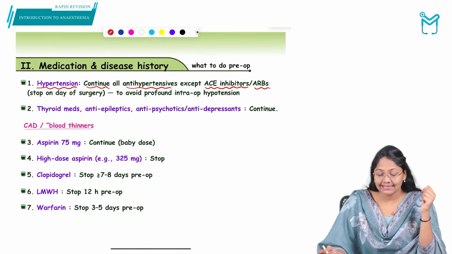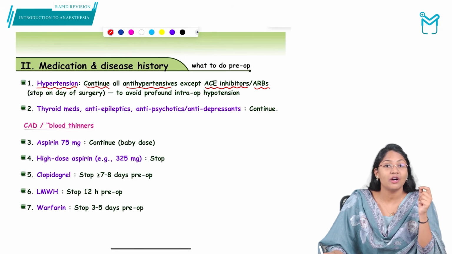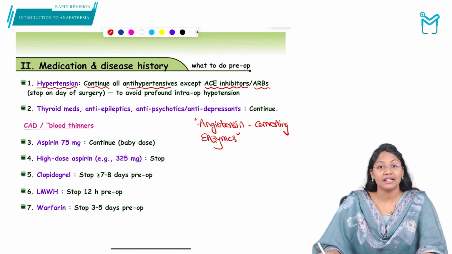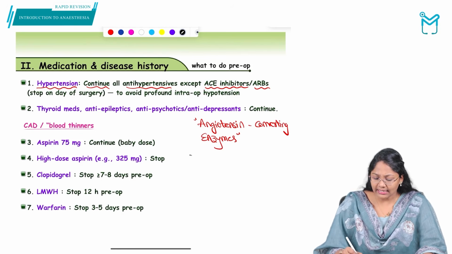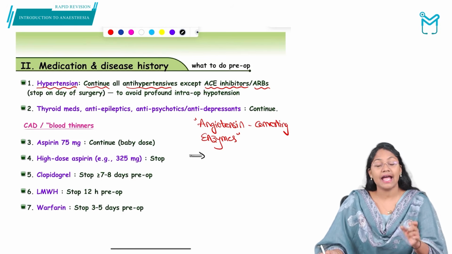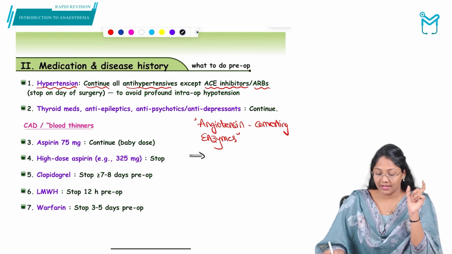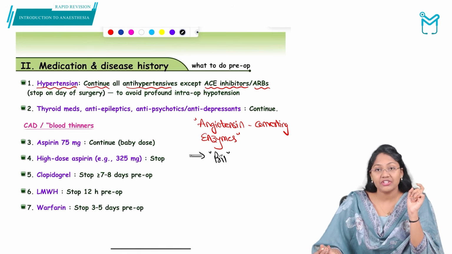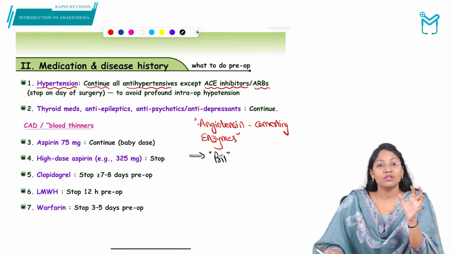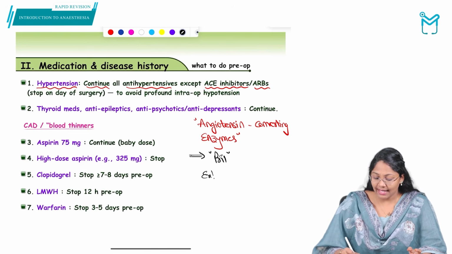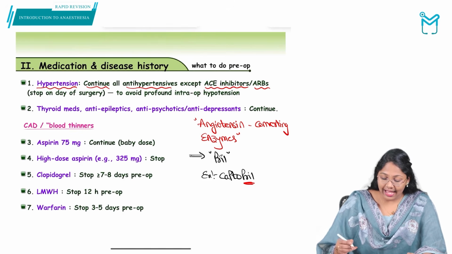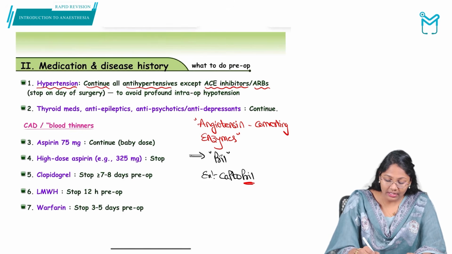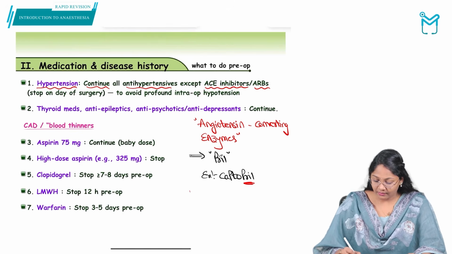So what is this ACE inhibitor? What is its full form? It is angiotensin converting enzyme. So what are the drugs which come under it? I will give you a simple mnemonic to remember. Those are prils. The drug names which end with pril are ACE inhibitors. For example, captopril. Now coming to the angiotensin receptor blockers. So what are those?